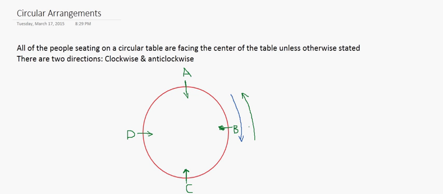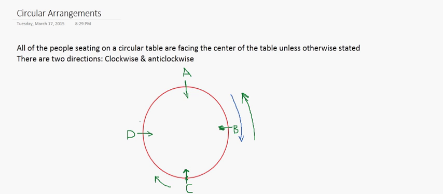So there are two more directions which I want to talk about. One is clockwise direction and another is anti-clockwise direction. Clockwise direction is shown here with a blue arrow, and anti-clockwise is shown here with a green arrow, right? So whenever from a particular point you move in a clockwise direction, you are moving towards the left of that person.